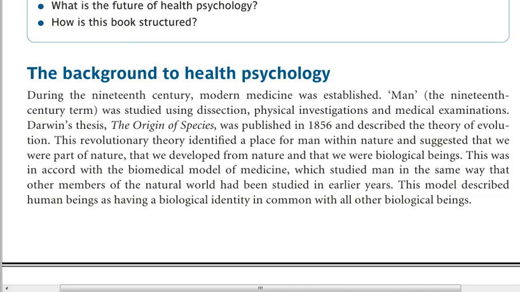During the 19th century, modern medicine was established. Man, the 19th century term, was studied using dissection, physical investigations, and medical examinations. Darwin's thesis, The Origin of Species, was published in 1856 and described the theory of evolution.